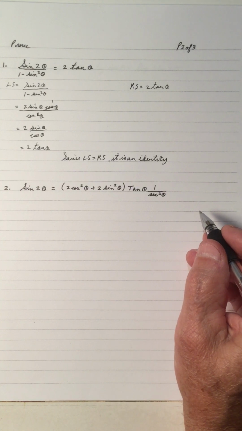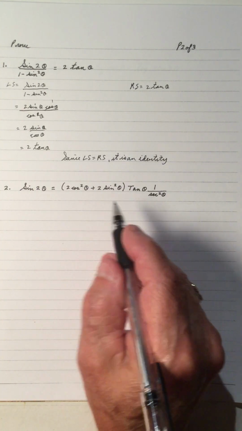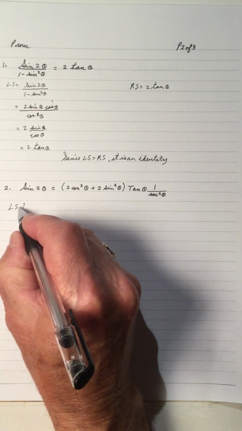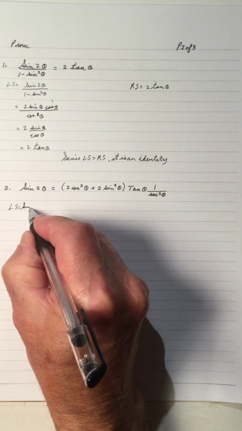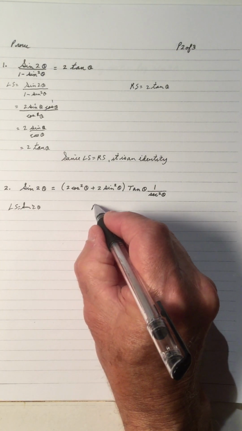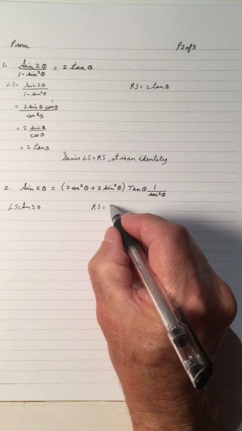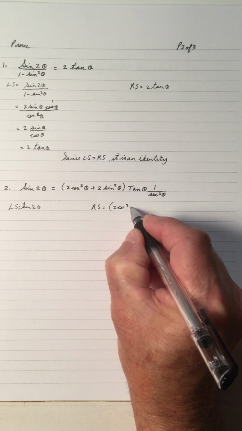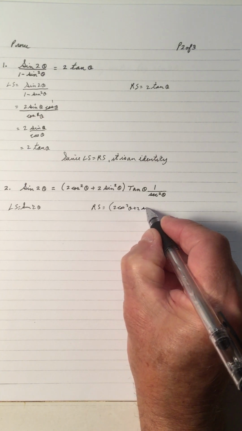Number 2, again we have an identity. We have a left side, which is the sine of 2 theta, and we have the right side, which is all of this, and I'll just write it down and you see what's there.